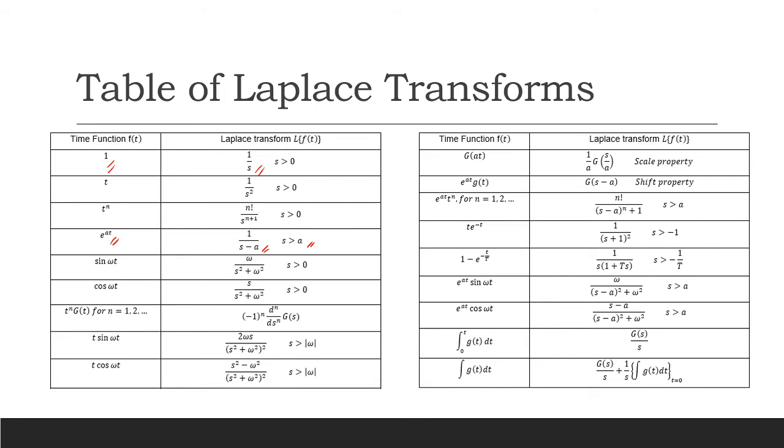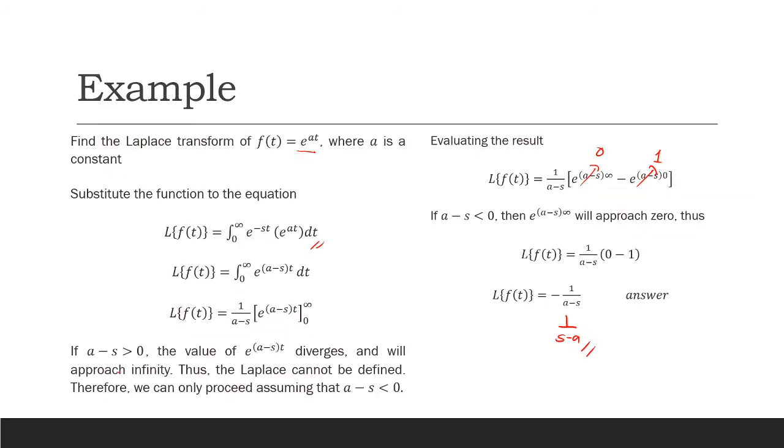Kasi, di ba, kung babalikan natin, if yung s natin is less than a, ang tendency is we will have a value of exponent na greater than 0. So, magiging positive times infinity tayo. So, kapag ganun, hindi natin siya ma-evaluate. So, kaya ang assumption natin or ang condition natin is dapat mas malaki yung s kaysa sa a para sure tayo na negative yung multiply natin sa infinity. So, mag-approach ng 0 yung value niya.